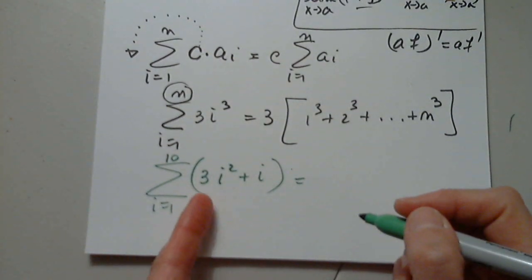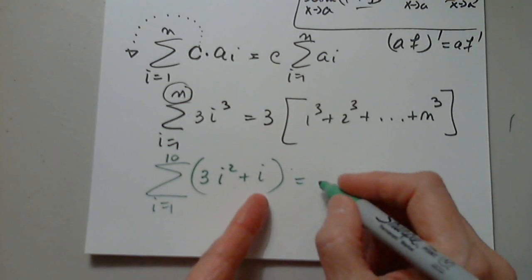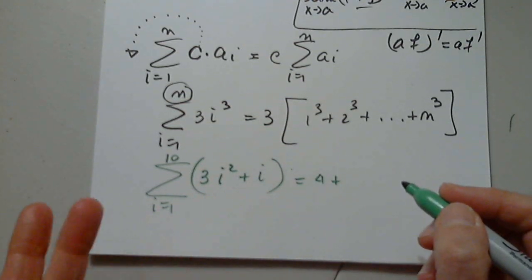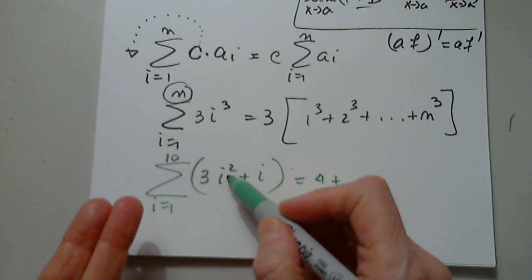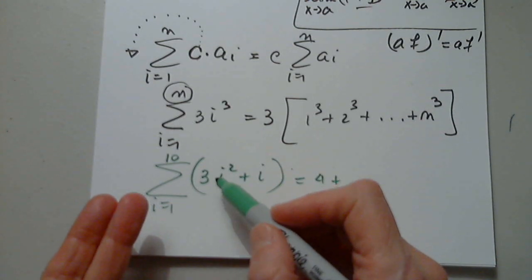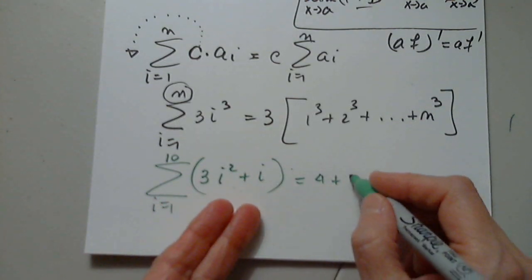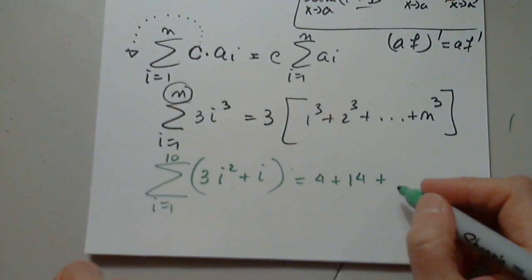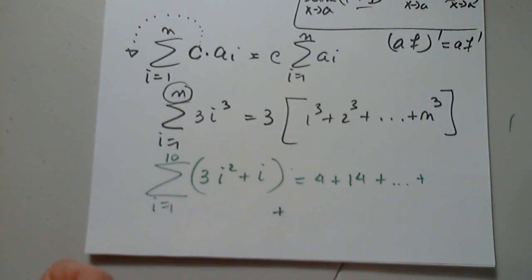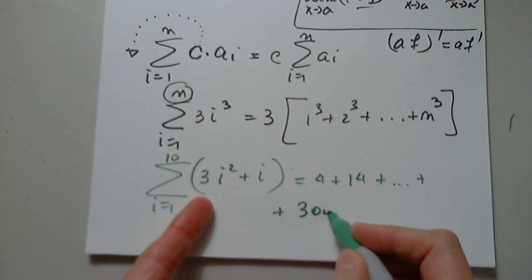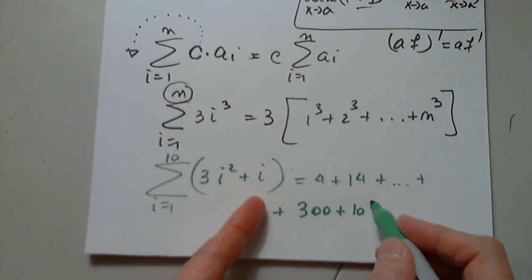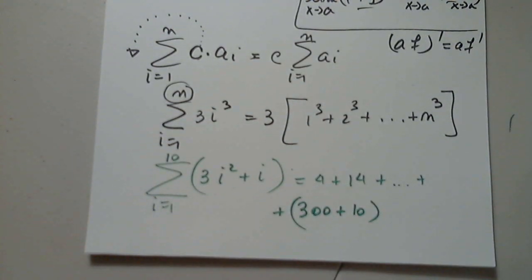It means 3 times 1 plus 1, 4, plus, when I is 2, 3 times 4 is 12, 12 plus 2, 14, plus, dot, dot, dot. I'm not going to calculate anything, so I have 300 plus 10. That's the last term.